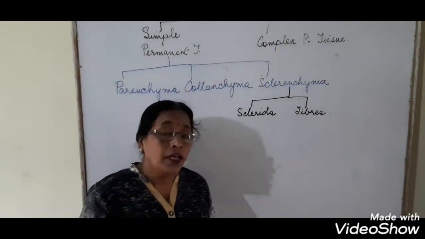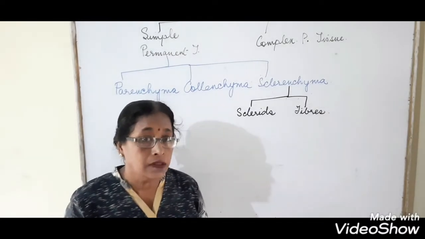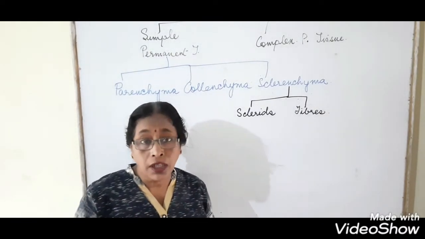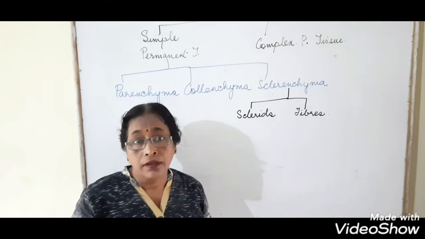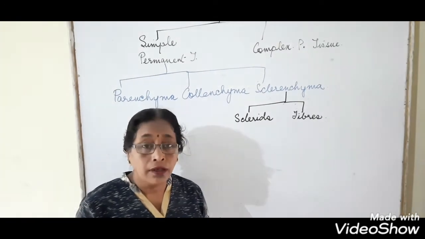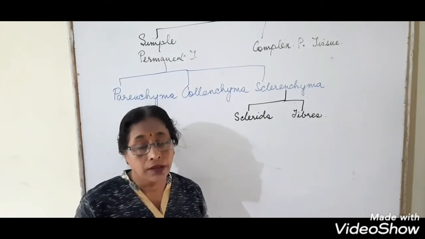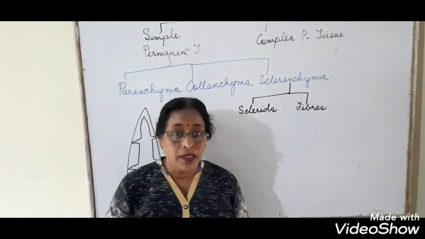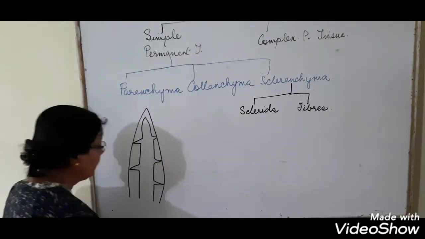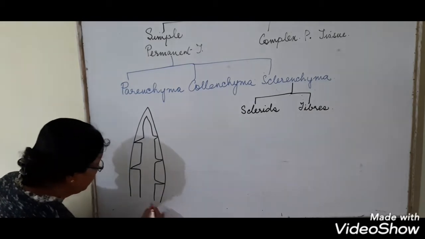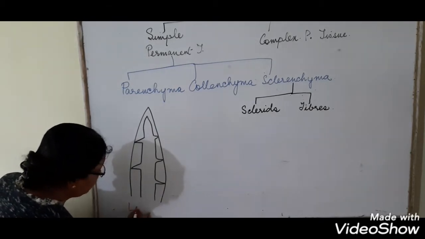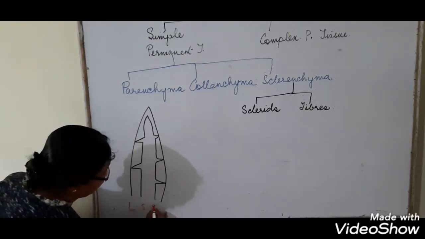Since the sclerenchyma is composed of dead cells, the cell wall is very thick, made up of lignin, and it provides mechanical support to the plant. Now this is the structure of the sclerenchyma cell, the longitudinal section of sclerenchyma.